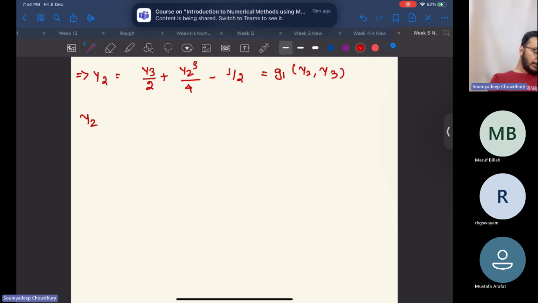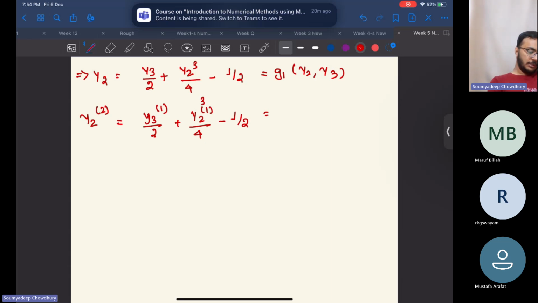From this we have to find out y2 of 2. So it is basically y3 of 1 by 2 plus y2 of 1 cubed by 4 minus 1 by 2. If you substitute this, y3 of 1 and y2 of 1 both are 0.5, right?